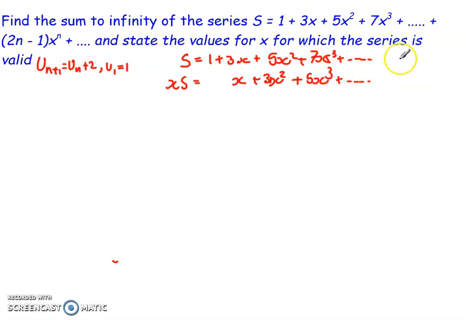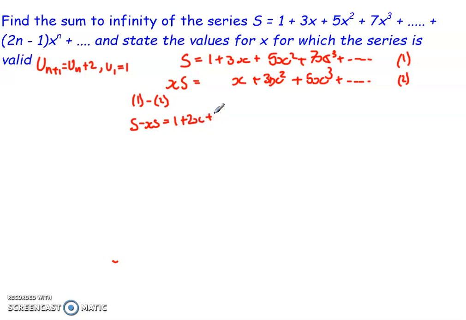Now, if I treat this as two different series, label them 1 and 2, and I do series 1 take away series 2, so essentially S take away xS, what I'm going to end up getting is 1, and then each of these is going to give me 2x to whatever power it is. I'd have 3x take away x, so I'd have plus 2x.